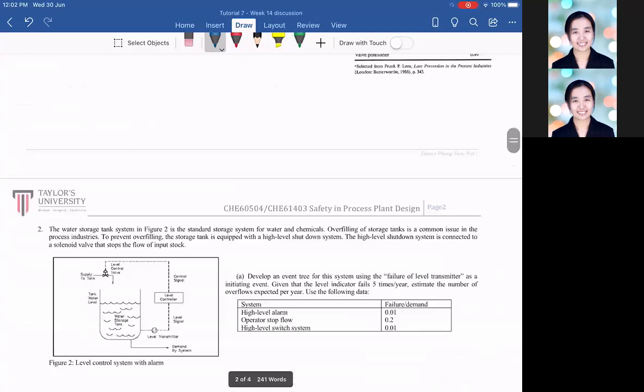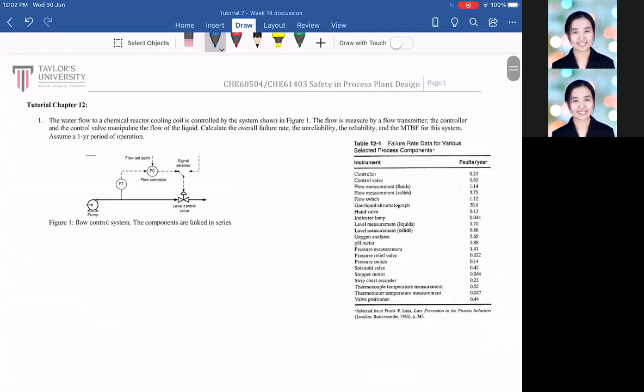So what we will focus on is the calculations on the first question, to study what is the mean time between failure of this whole system. This is especially useful for those who are going to work as the maintenance or equipment engineer, because you need to know how frequently your system might break down.